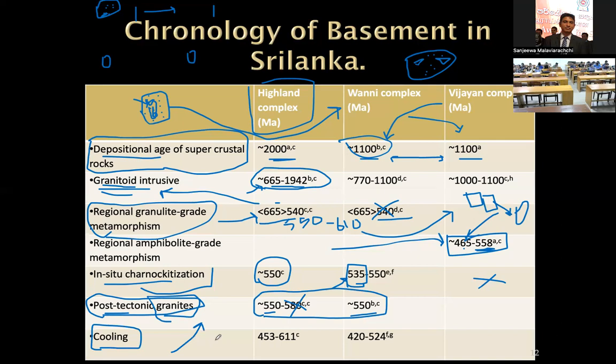With the erosion taking place on the top, the interior rocks come up little by little, because these materials are taken away by erosion, and you are able to expose these interior rocks later.